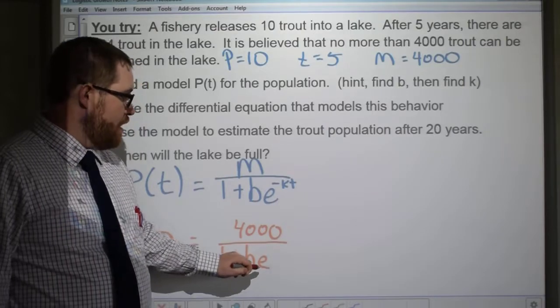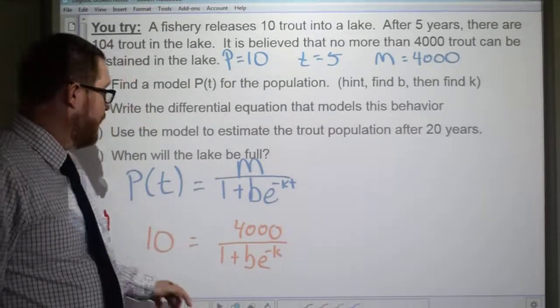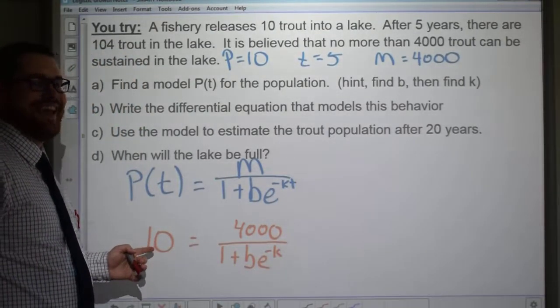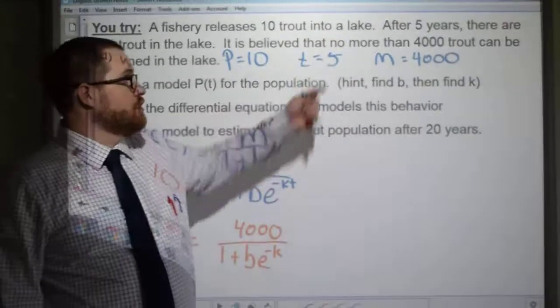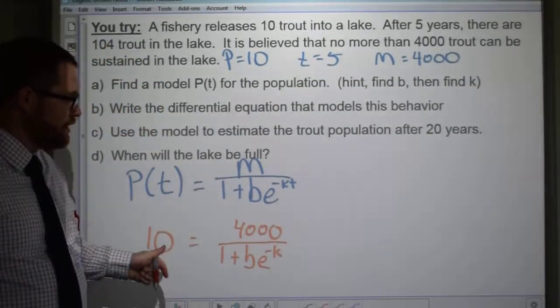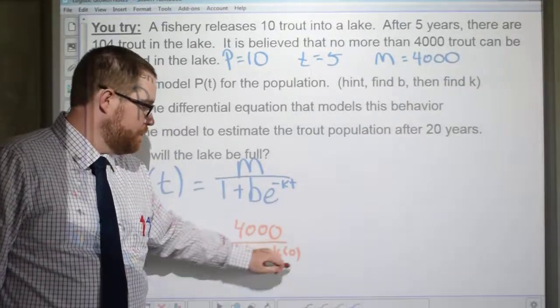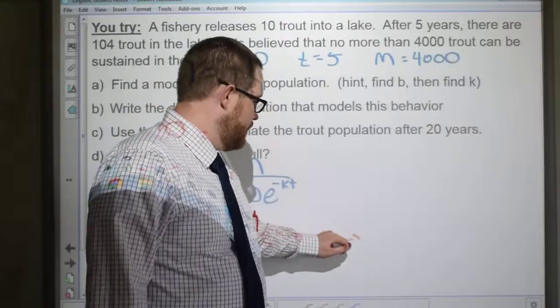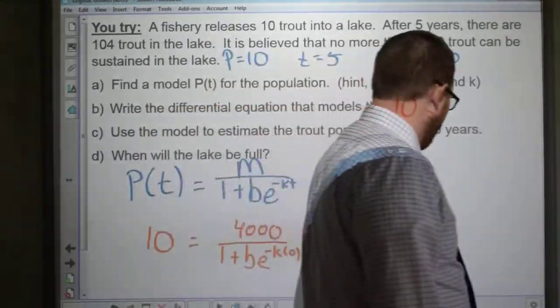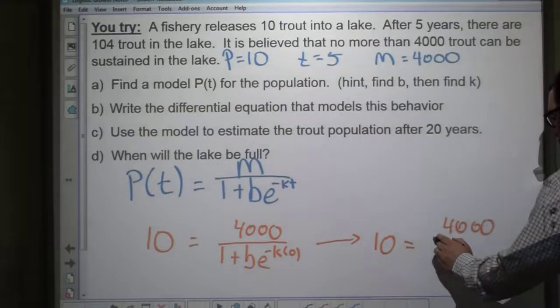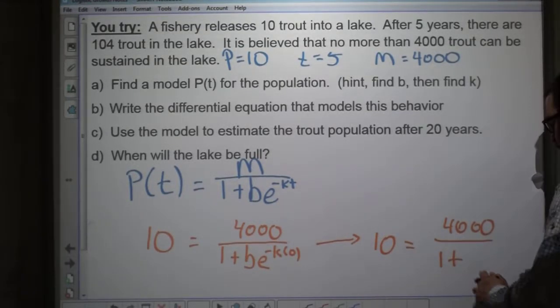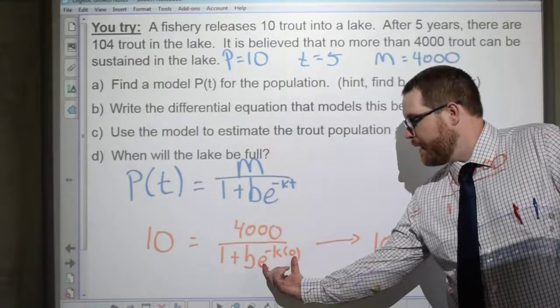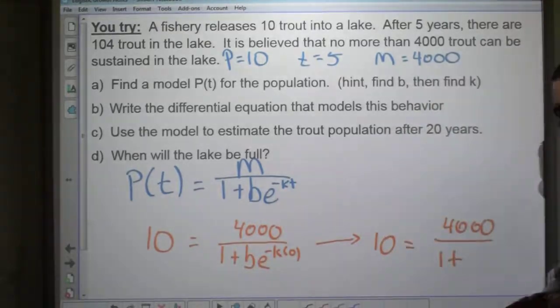I don't know what K is either, but if the initial population was 10, I'm not going to put 5 years in. If the initial population was 10, that's time equals 0. So what that means is that 10 has to equal 4,000 over 1 plus anything to the 0 power is 1, and it'll just give you B.